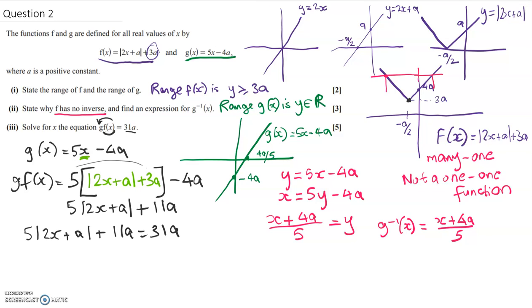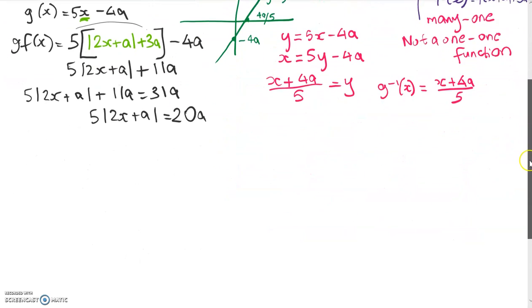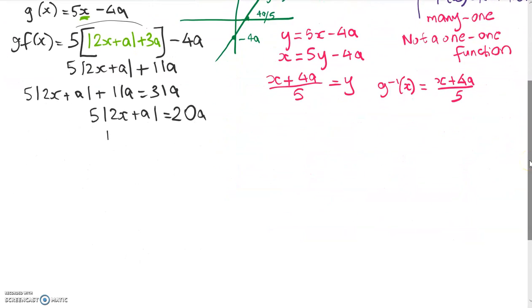Easiest thing to do is to move the 11a over to the other side. And then it looks like we can divide everything by 5. So we have 2x plus a in the mod signs equals 4a.